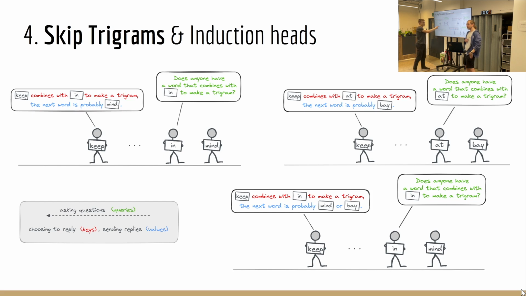If the OV circuit predicts mind after whatever attends to keep, and it also predicts bay after whatever attends to keep, and if the QK circuit always attends back from in to keep, and always attends from at back to keep, then you can mix and match those two, and you can say, okay, we have keep... Okay, this should actually say at mind, because the whole point is that this is meant to be an example of a mix-up of the skip trigram.